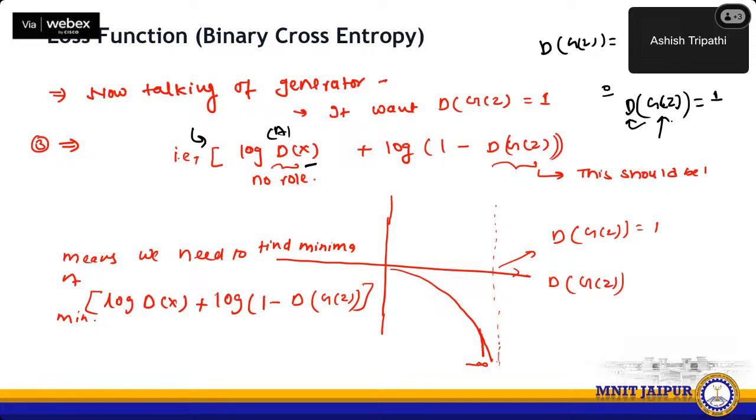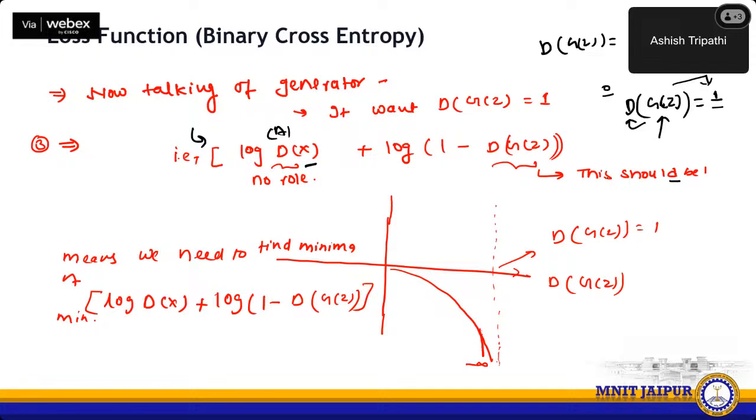The generator wants to fool the discriminator. When the discriminator is fooled, it gives wrong classification. So if the discriminator is giving 1 as the output, that means it is not able to correctly classify the data generated by the generator. So when this produces 1, the generator will be successful. So the generator wants this to be equal to 1.